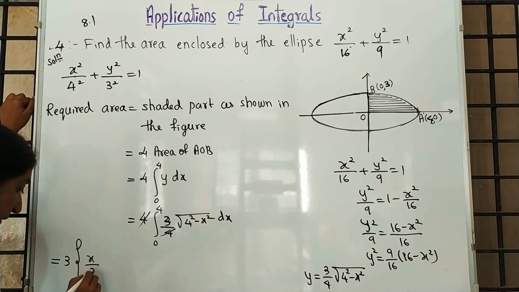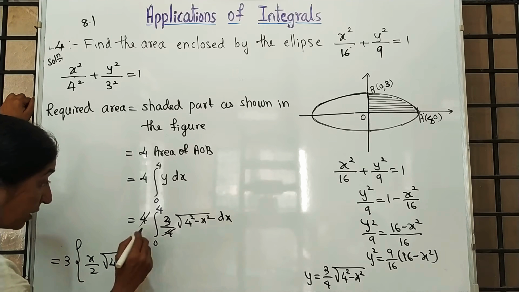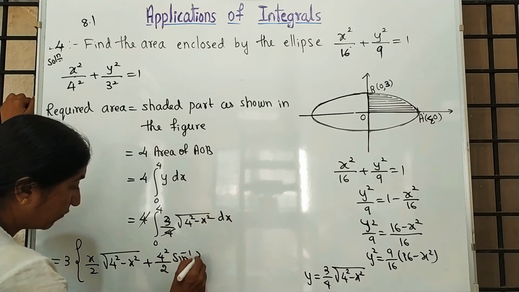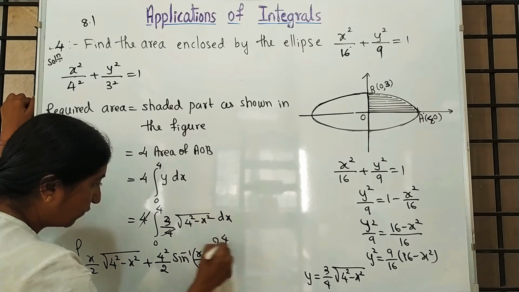It is x by 2 root of 4 square minus x square plus a square, a square is 4 square by 2, sin inverse of x by 4 from 0 to 4.